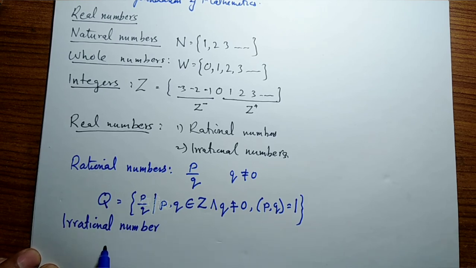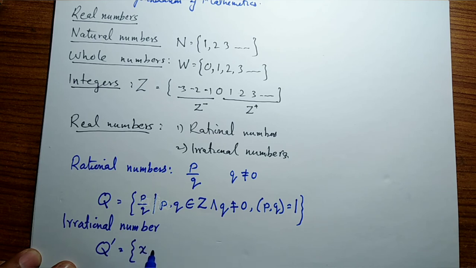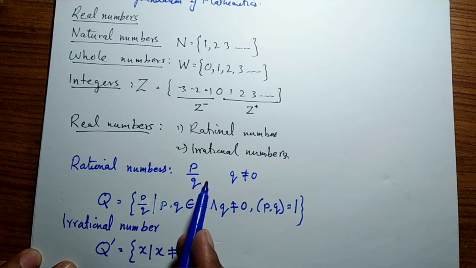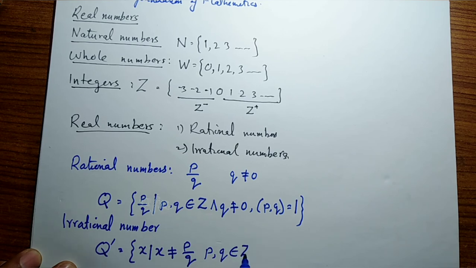An irrational number is denoted by Q prime, and through set builder notation it is represented like x is an irrational number such that x is not equal to P upon Q. That means irrational numbers cannot be represented in the form of P upon Q, where P and Q belong to integers and Q must not be equal to 0.